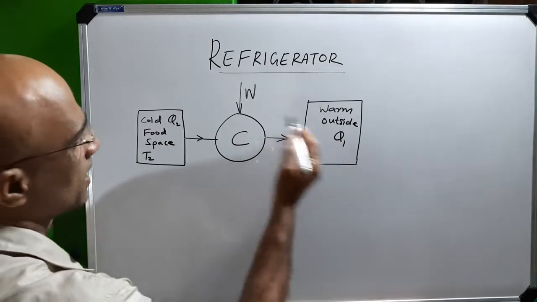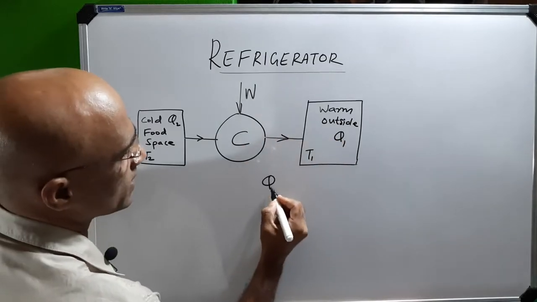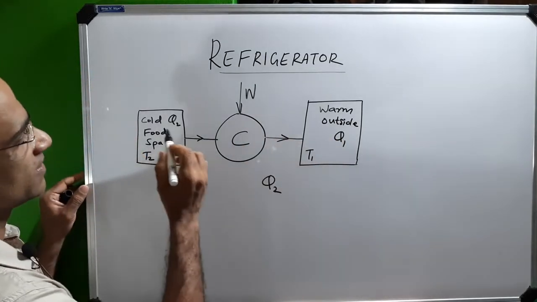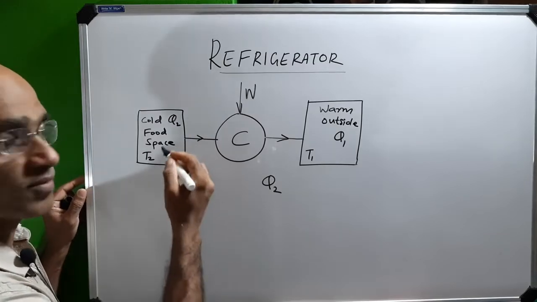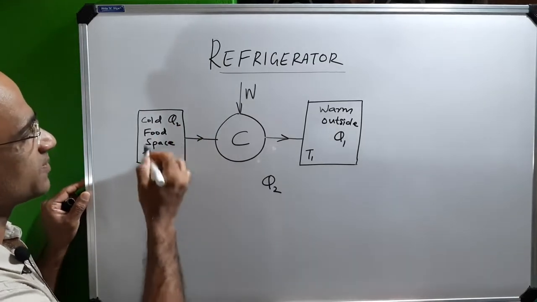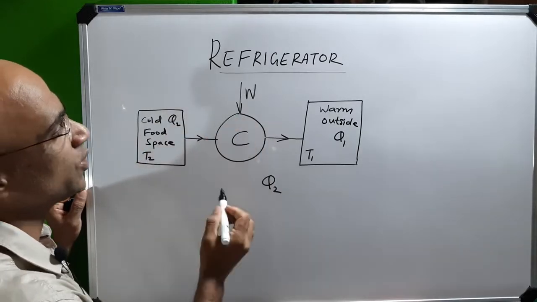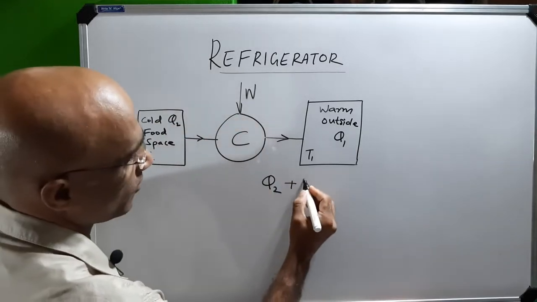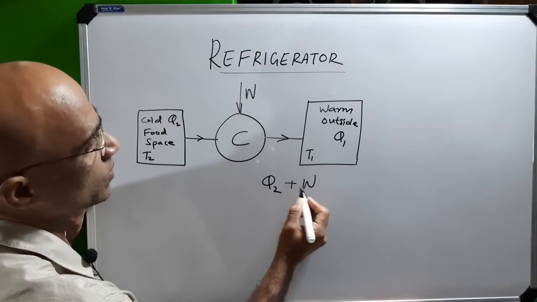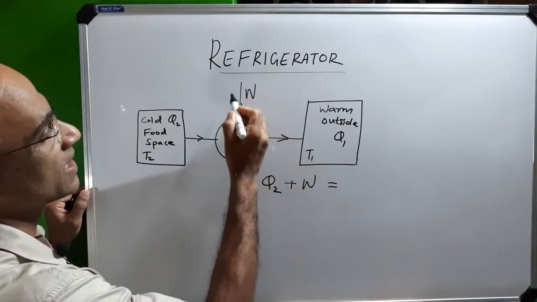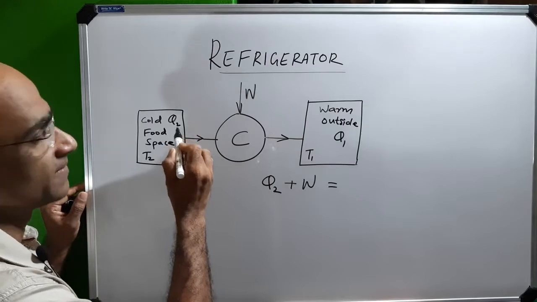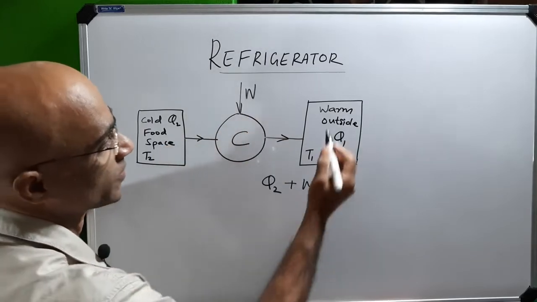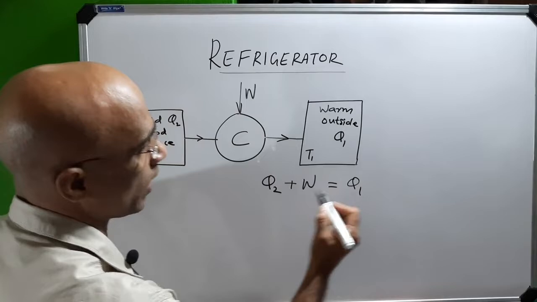Now, if Q2 is the heat that is absorbed from the food that is present in the cold space, and if W is the work that is done. Now remember, Q2 and W have the same units because the work done has the unit of energy. So Q2 plus W is equal to Q1.